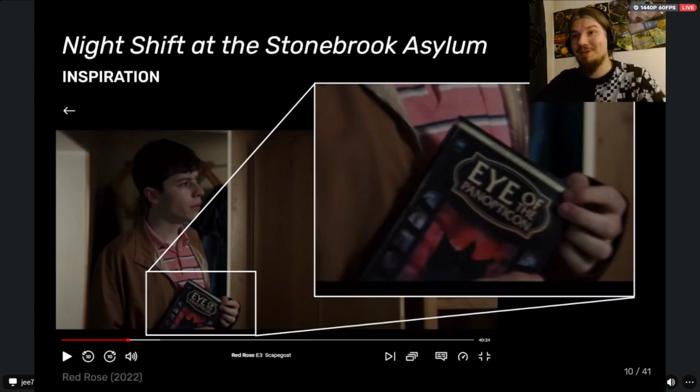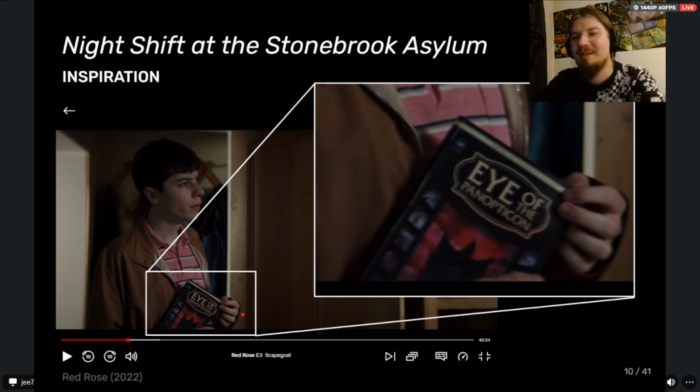The inspiration. Where did the inspiration for this come from? Sometime before the jam, I had watched a very bad Netflix series, Red Rose, and in that show there was a prop, this book, the Eye of the Panopticon, and it didn't really come into play in the story. But it was clearly meant for the audience to see, because this guy is holding it towards the camera, and it's clearly visible.